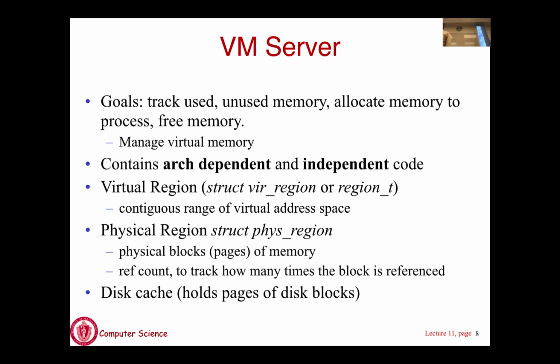Now, there are some data structures that you want to keep in mind, and what Minix uses is terminology called regions, which is essentially a contiguous section of memory. There are virtual regions which stand for virtual chunks of memory. There are physical regions which are essentially referring to physical pages in memory. And memory allocation is done through those data structures.